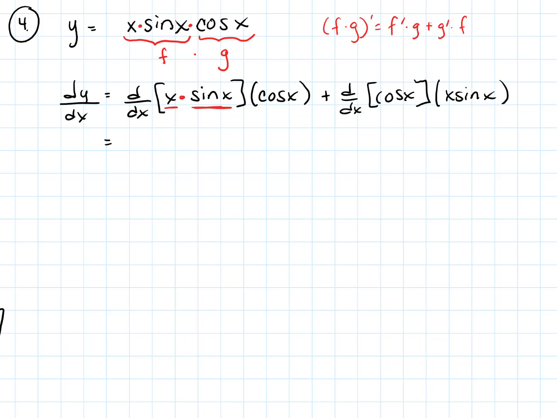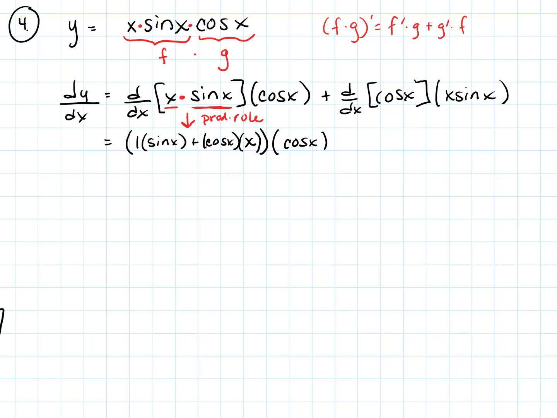And so taking the derivative of x sine of x itself is going to be a product rule. And here we're going to go right to the product rule. So the derivative of x is 1 times the sine of x plus the derivative of the sine of x, which is the cosine of x, times x. All of that times the cosine of x. So remembering from here to here, I had to again apply the product rule.